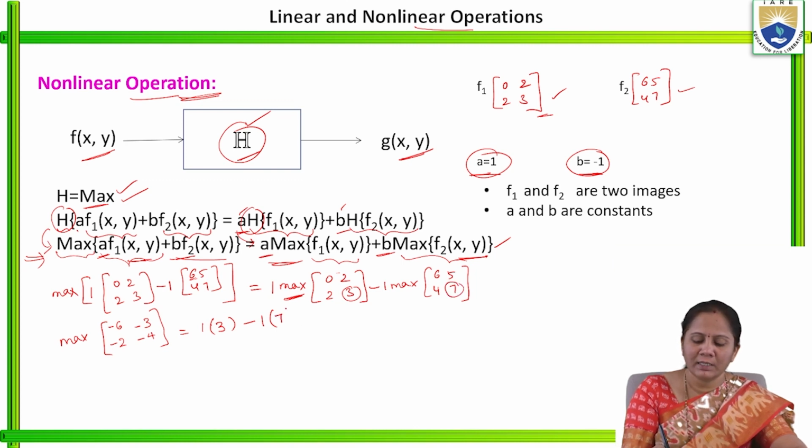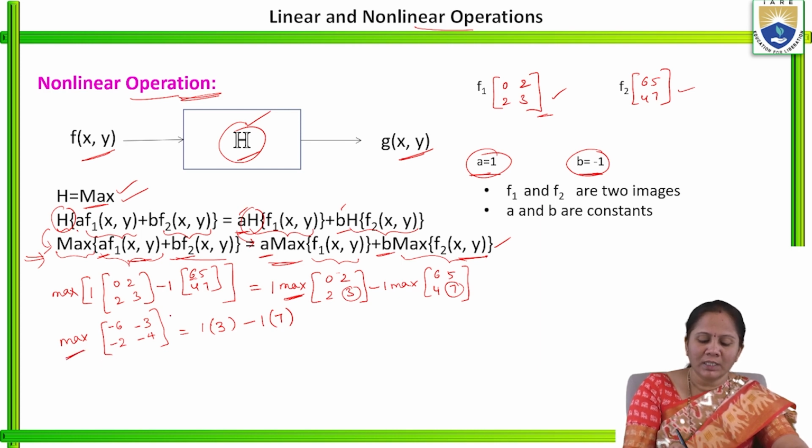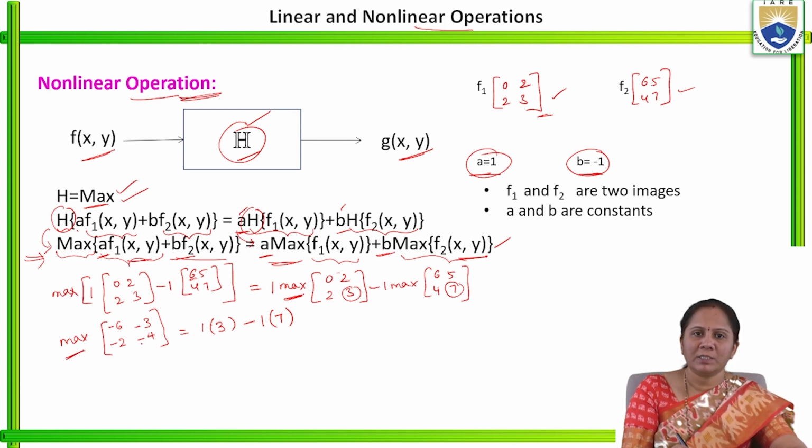So let us consider here 7. In this matrix, what is the maximum value? Here there is minus 6, minus 3, minus 2 and minus 4. As all these numbers are negative, the maximum number here will be minus 2. So here the value minus 2 is equal to 3 minus 7.